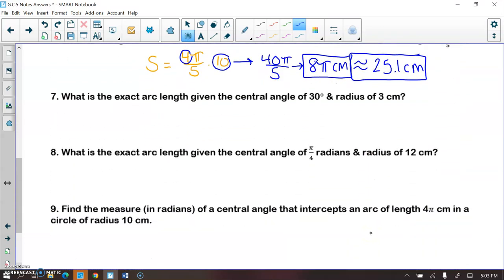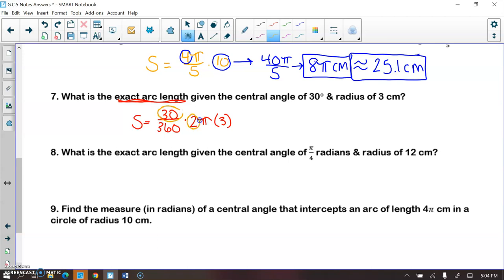All right. What is the exact arc length? So this time we are doing exact, so we're not going to round. Given that the central angle is 30 degrees and the radius is 3. So we're going to use that first arc length formula. You take the amount of degrees divided by 360 times 2 pi times my radius of 3.